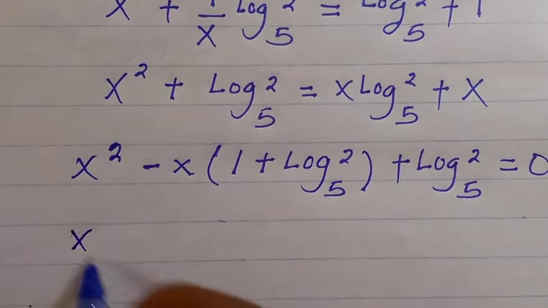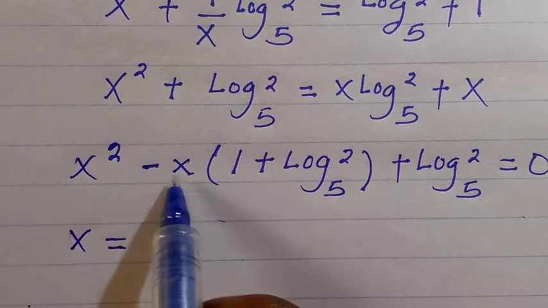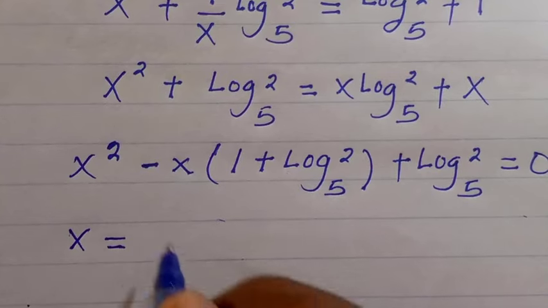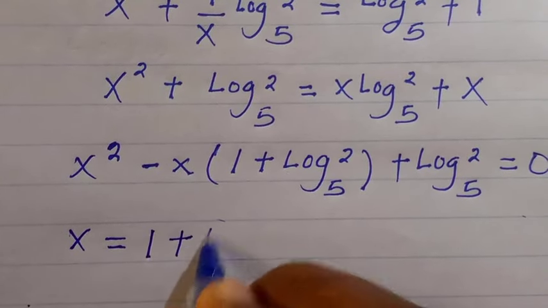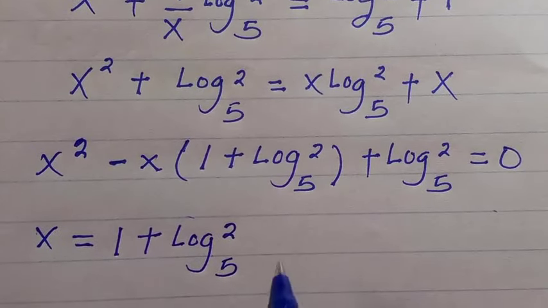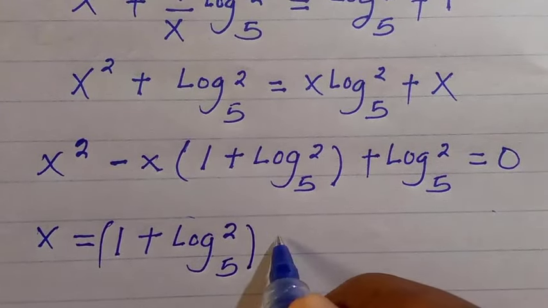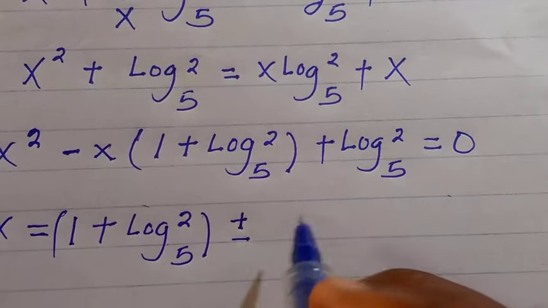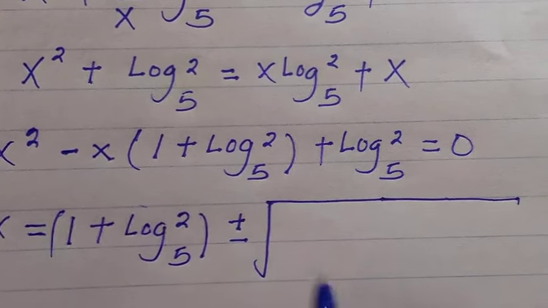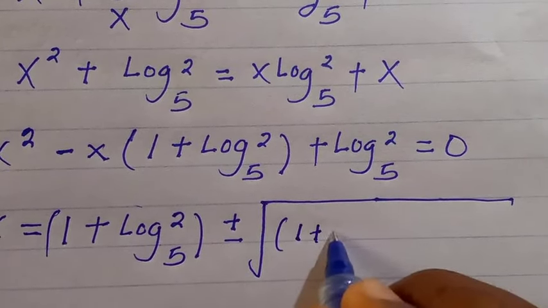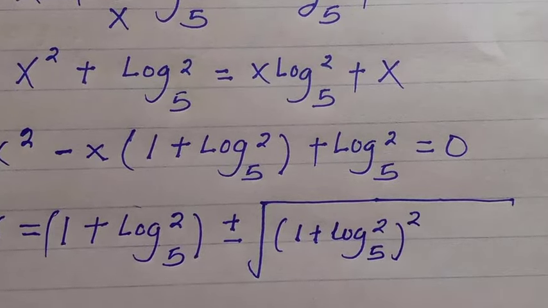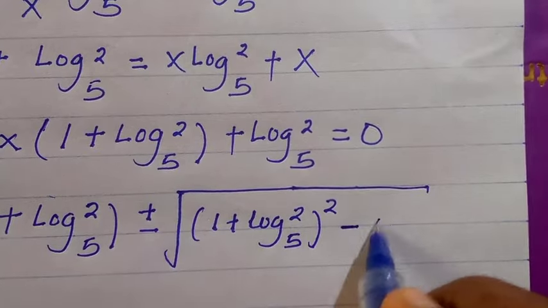Here we have x equals, the value of minus b is going to be this, but since this is negative, the whole of this becomes positive. And here we have 1 plus log 2 base 5, all in bracket, plus or minus the square root of b squared, where b is 1 plus log 2 base 5, all squared, minus 4.